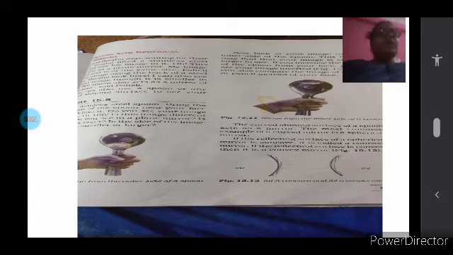Write what convex mirrors and concave mirrors are and what type of images are formed. Even the candle experiment you can read and understand from the textbook and write as an example, and then conclude with the uses for both concave and convex mirrors. Only then will your learning be completed, children.